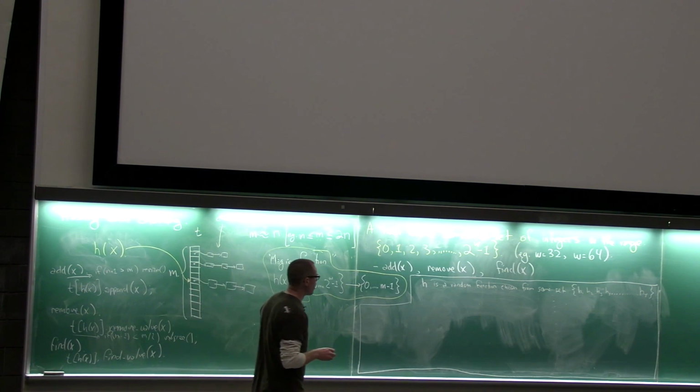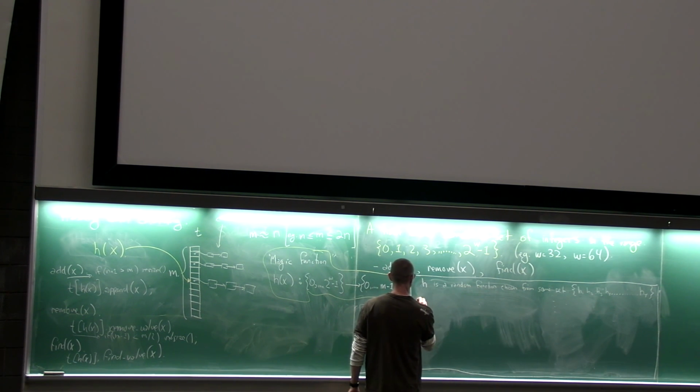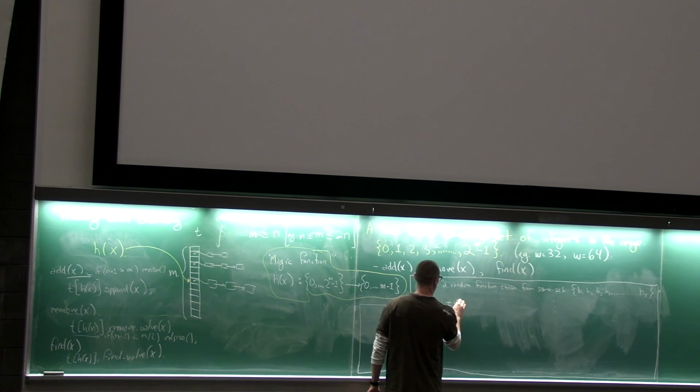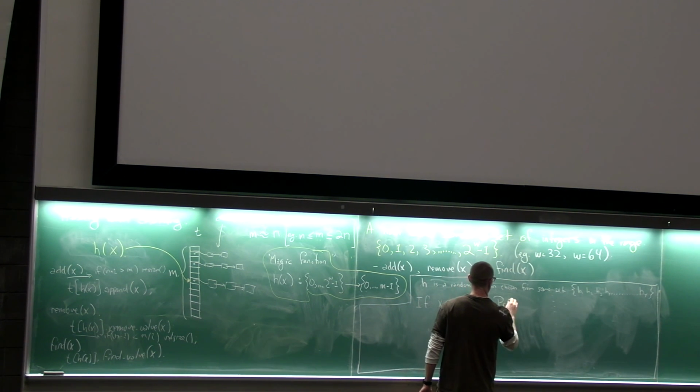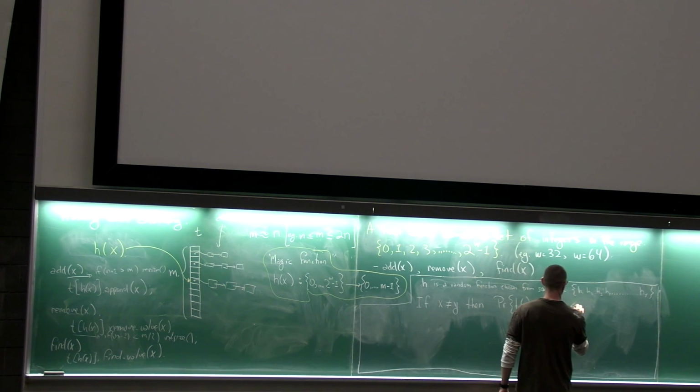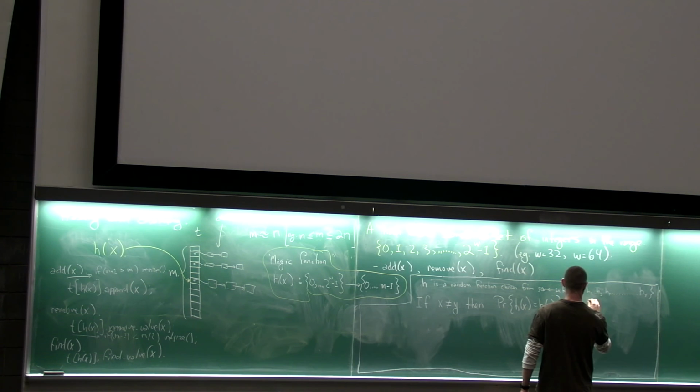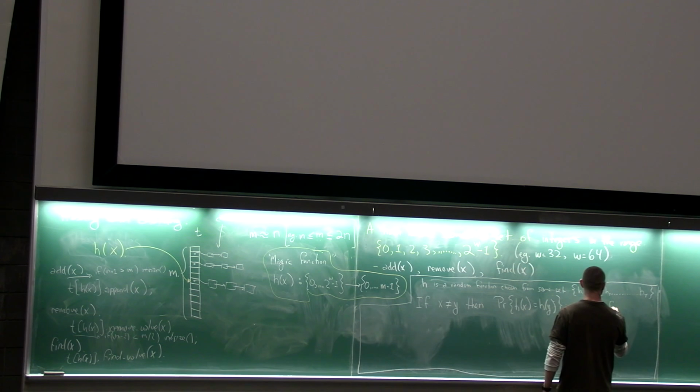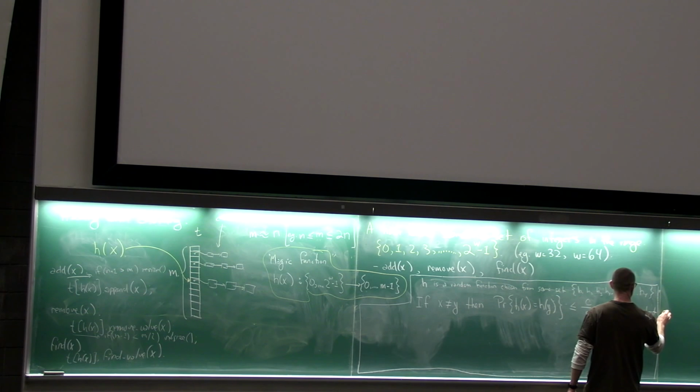And here's the property that we want. We want that now, if x is not equal to y, then the probability that the hash value of x is equal to the hash value of y should be less than or equal to some constant c divided by m.